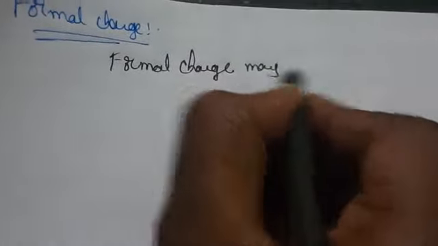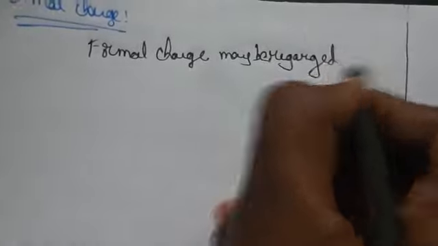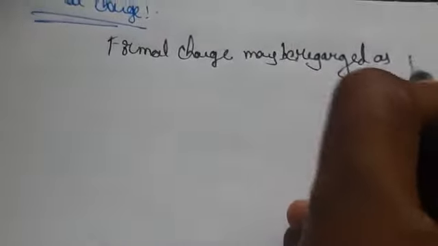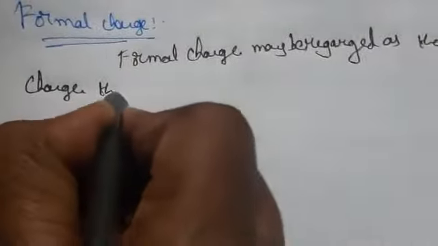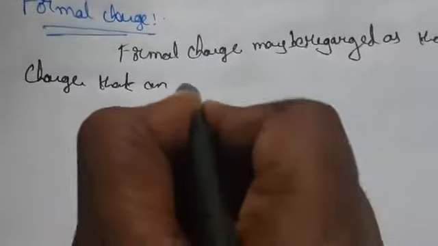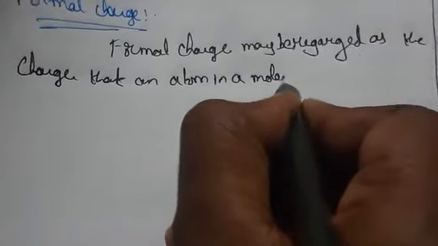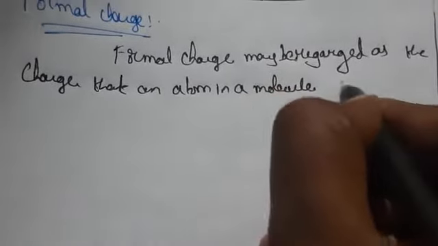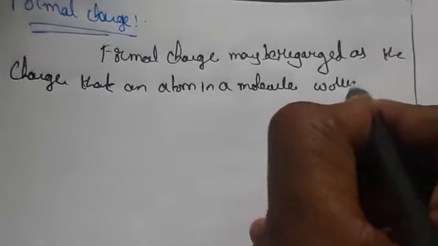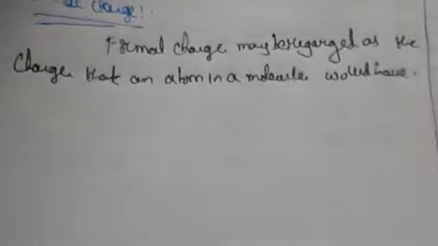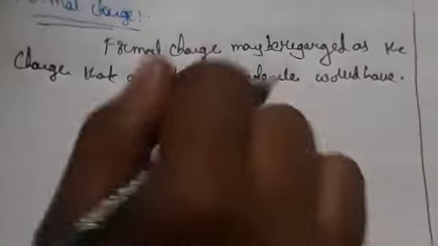Formal charge may be regarded as the charge that an atom in a molecule would have. It may or may not approximate the ionic charge.